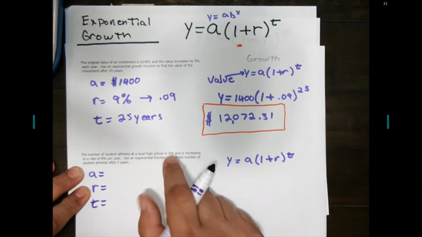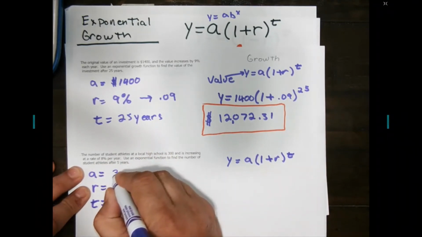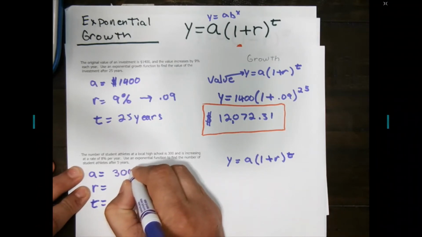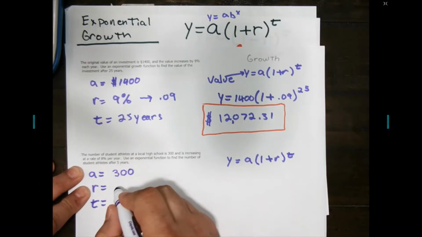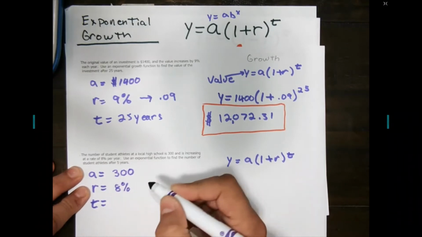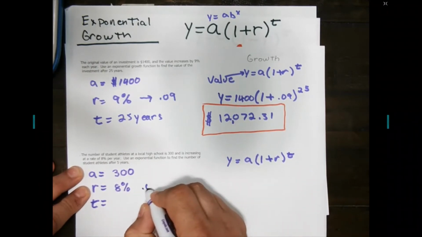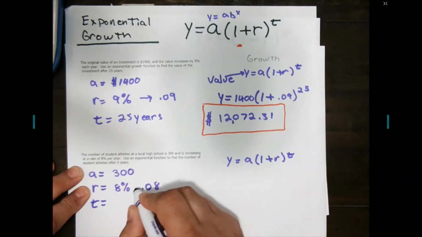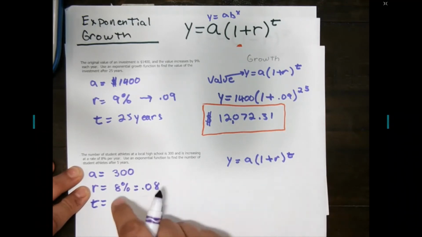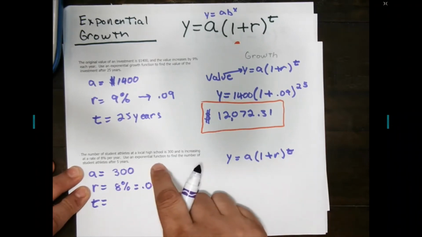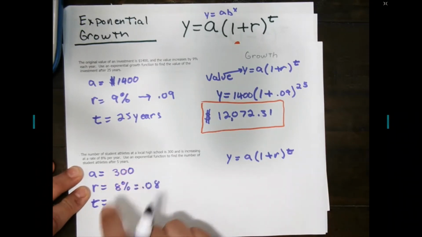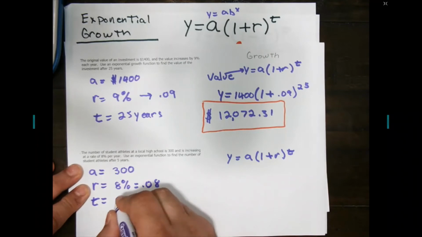So I'm starting with 300 athletes at the school. That's my initial amount. And it's increasing at a rate of 8%. So 8% in decimal is going to be 0.08. So this is what I use. And it wants to know, use an exponential function to find the number of student athletes after 5 years. So my time is 5 years.